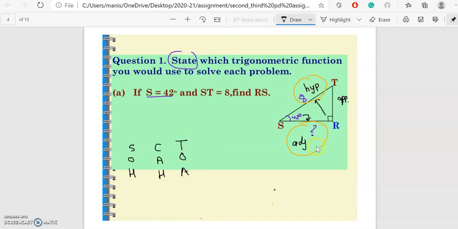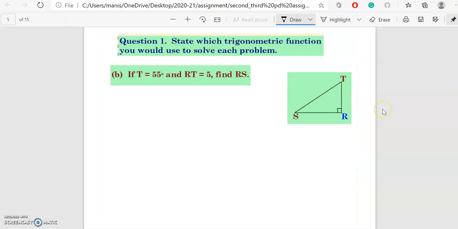Now look at only these two circles and tell me which ratio we will use. This one says adjacent, so I see adjacent over here. This says hypotenuse, I see hypotenuse over here. So what it is telling me is we will use the cosine function to solve this. I will use cosine to solve this problem. Okay, next question.